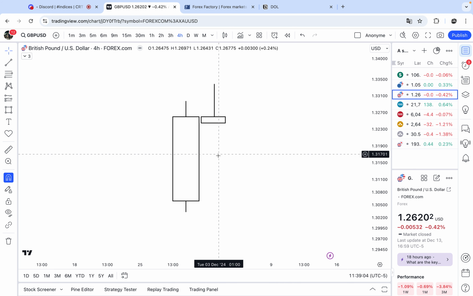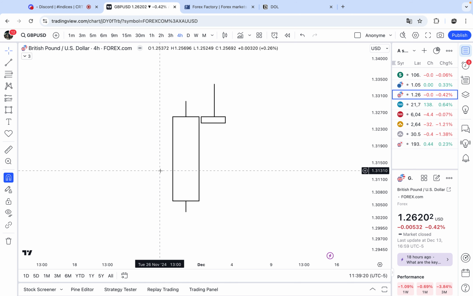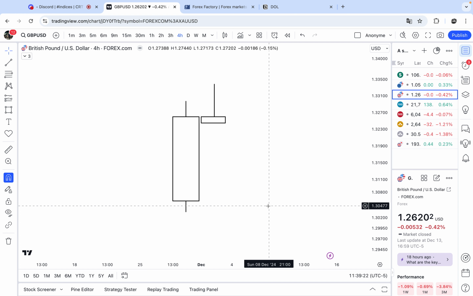But instead, what I'm doing is I'm taking out all my position here. 2R. I put 1000, I made 2000. I'm happy. Goodbye. So now I need two losses in a row to lose this position instead of one loss.